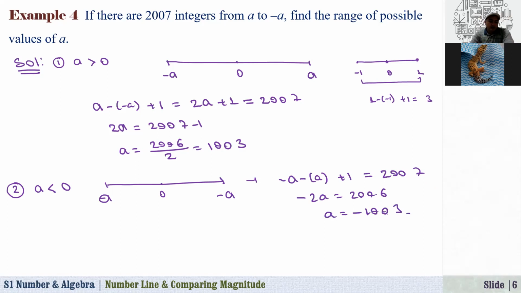Actually, if a is greater than 1003, it will be more. Even if I just add a little bit of a number here, for example, here we have minus a plus 1, and here we have a plus 1.